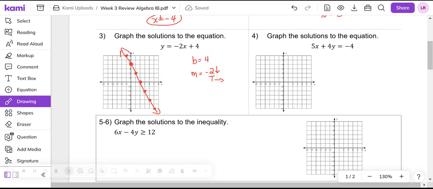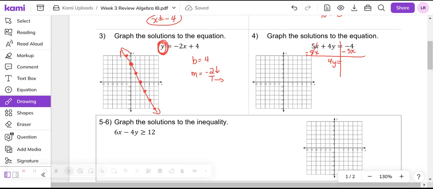Now, number 4, the only slight difference in number 4 and number 3 is that number 4 is not in slope-intercept form to start. So I would want to go ahead and solve it. I want to make it so that, like in number 3, the y is by itself. So I'm going to move the x, so minus 5x.